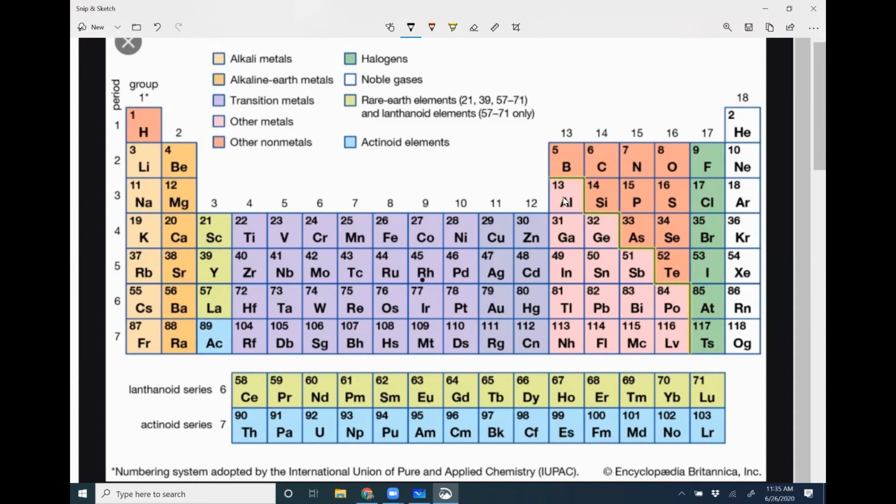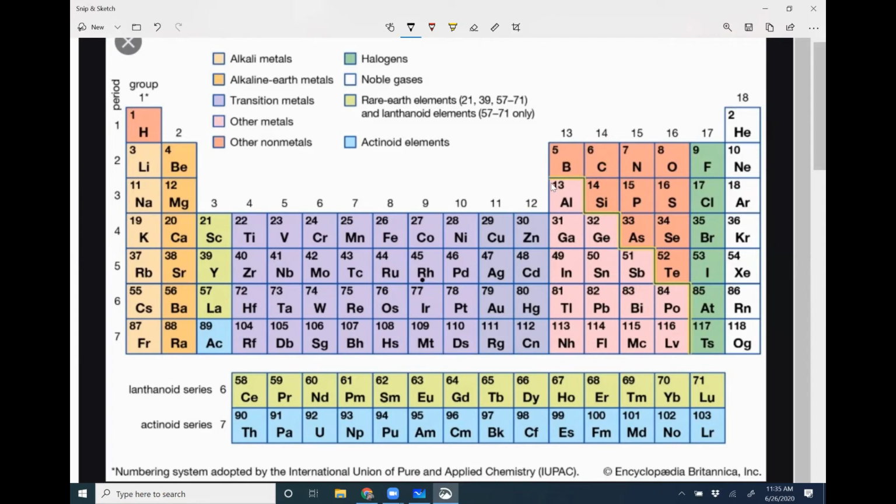So aluminum is so metallic in character that we just call it a metal. Boron, for instance, is also very non-metal in character, so we tend not to call that a metalloid either. But it really depends on your periodic table. Some will call boron a metalloid, some won't.